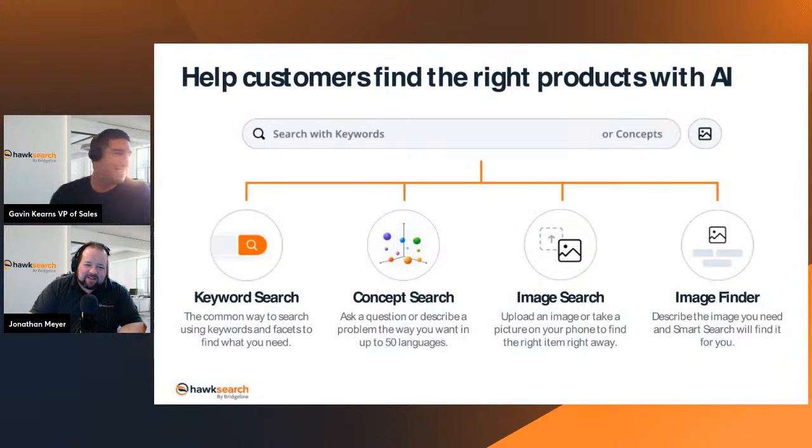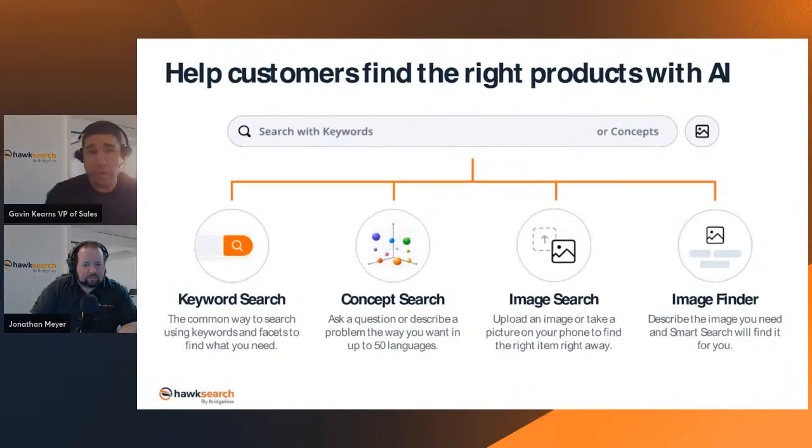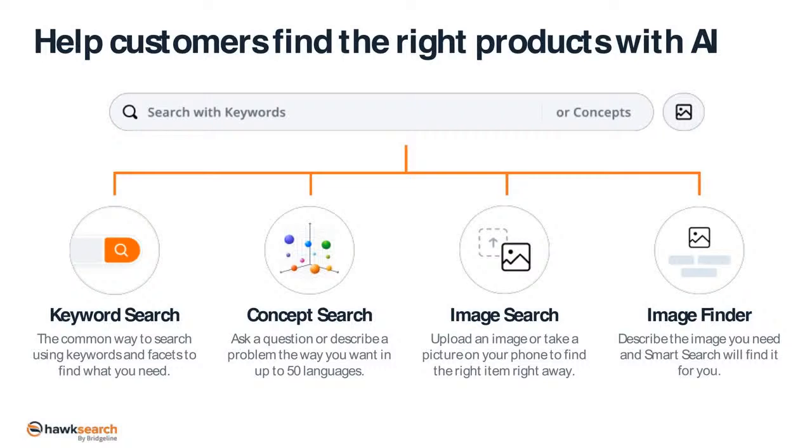Let's talk about one of the more exciting things, the improvements to AI. Anyone that knows Hawk knows we're really the leader in the B2B search space. Hawk itself was built for the B2B industry.